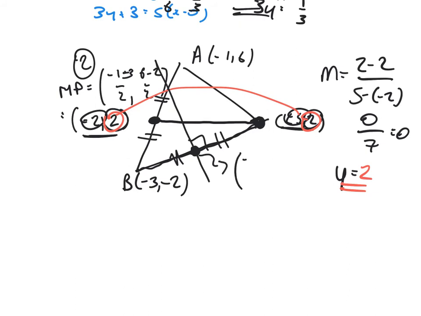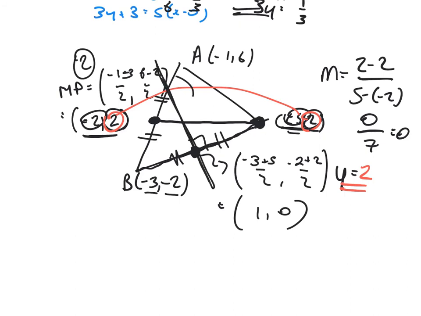So that's given by minus 3 plus 5 over 2 and minus 2 plus 2 over 2. Minus 3 plus 5 is 2, 2 over 2 is 1, minus 2 plus 2 is 0, 0 over 2 is 0. So the point on the perpendicular bisector is definitely 1, 0.